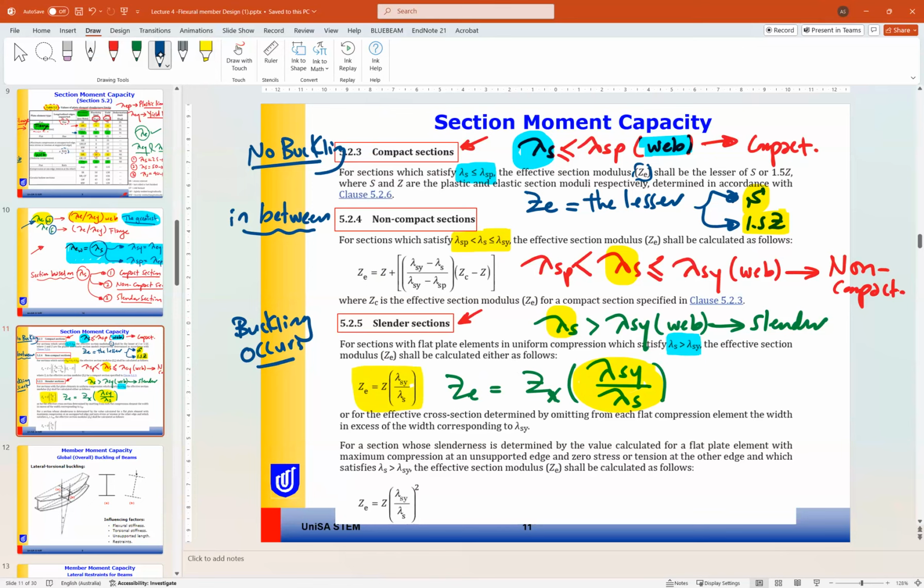What do you expect? It is less than 1. This is a reduction factor. So this value is less than 1, because again, lambda s is more than lambda s yield.